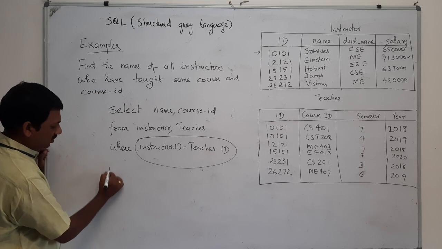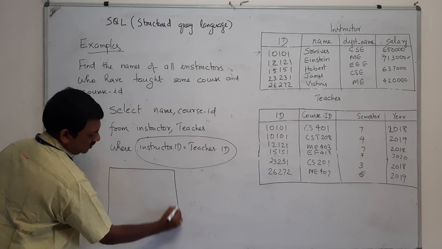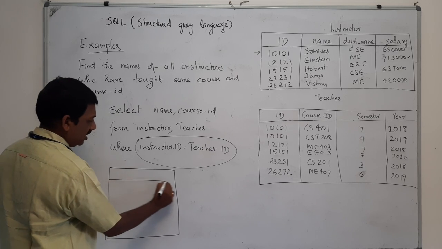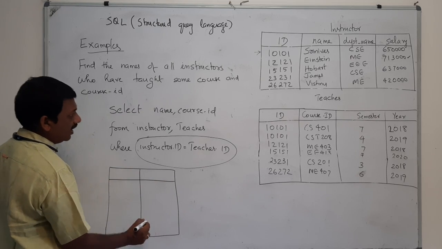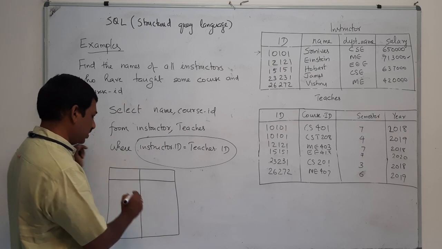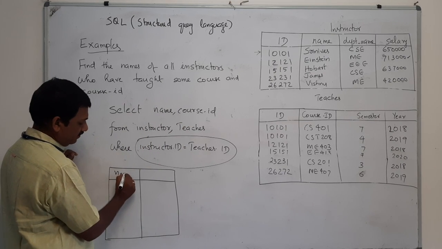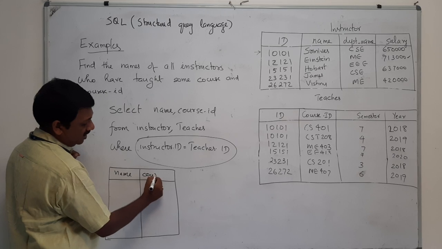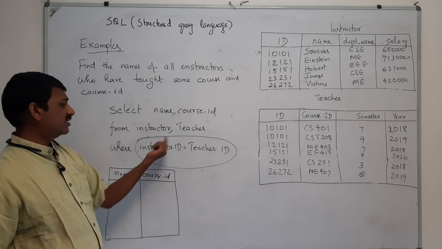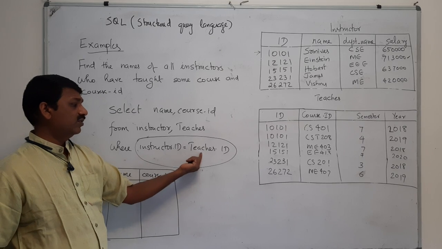This will return a table, and that table will have these two attributes, name and course ID.